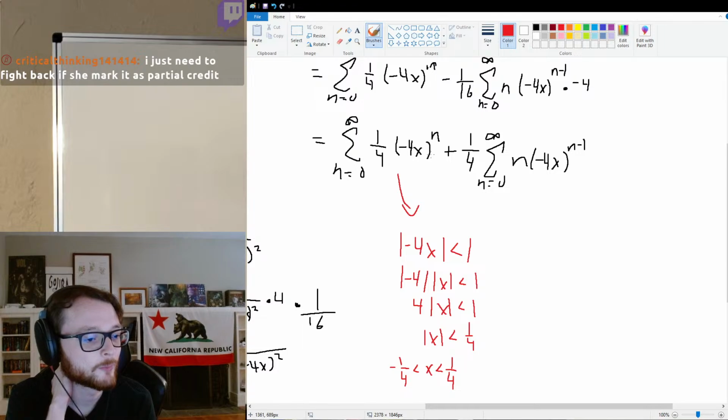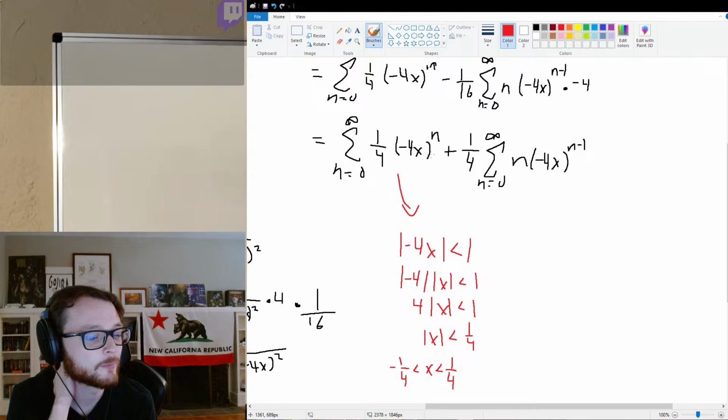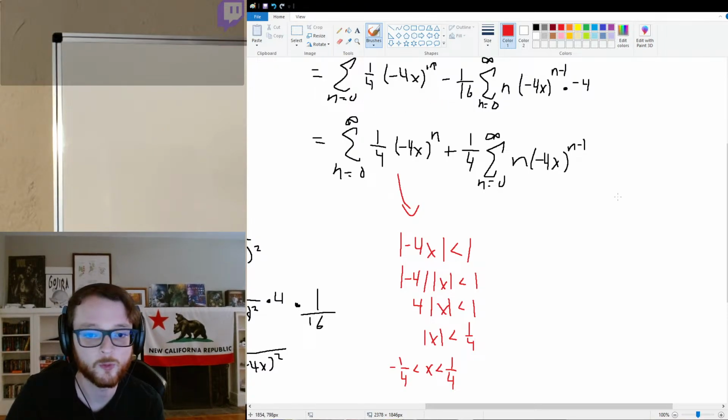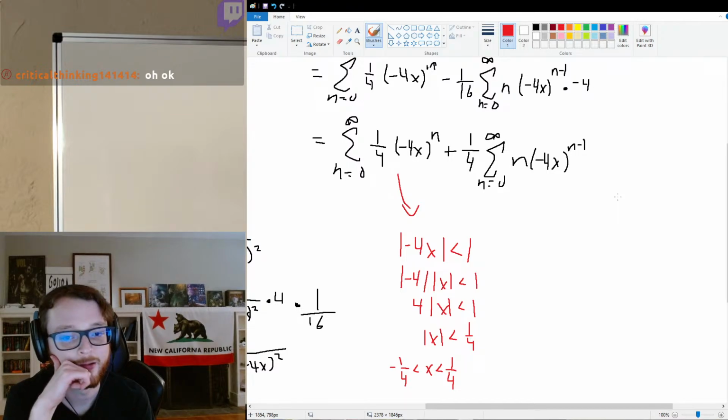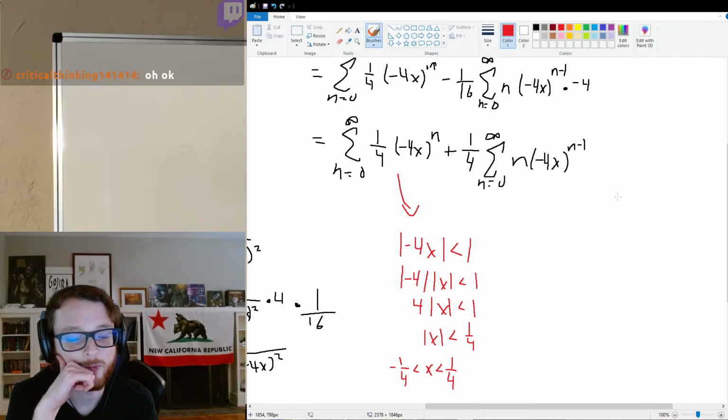invite back if she marks it as partial credit. Yeah, the thing about teachers or textbooks requiring a fully simplified answer is that the word simplified isn't very well defined in math. It means different things to different people. So I would call this fully simplified because, I mean, nearly. I mean, there's like one or two little cleanup things that I might do if I was like presenting it, but like, I wouldn't consider them significant at all.